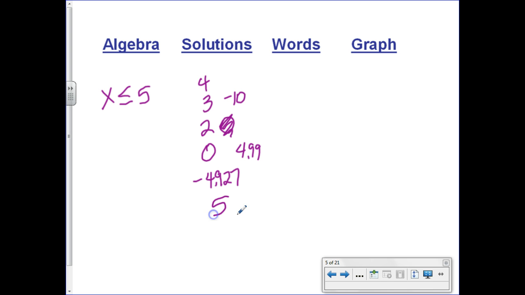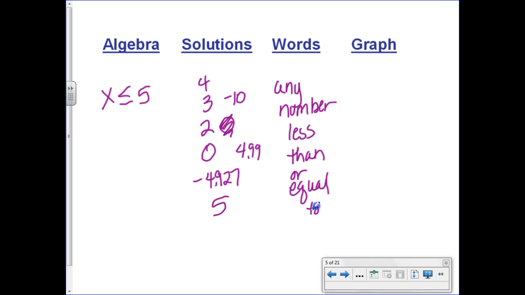And guess what? 5 is actually a solution to this inequality, because if I substituted 5 in for x, 5 is not less than 5, but it is equal to 5, so therefore it works. In words, we could simply write this: any number less than or equal to 5.